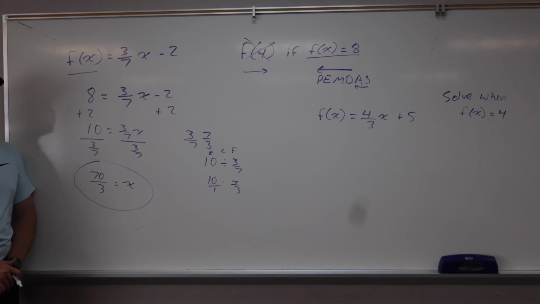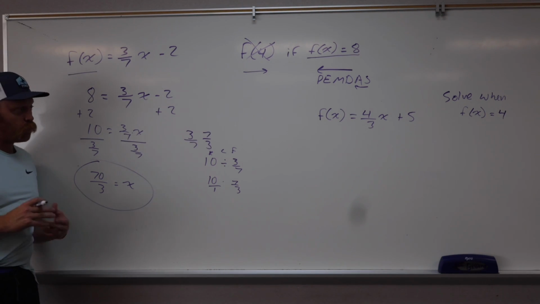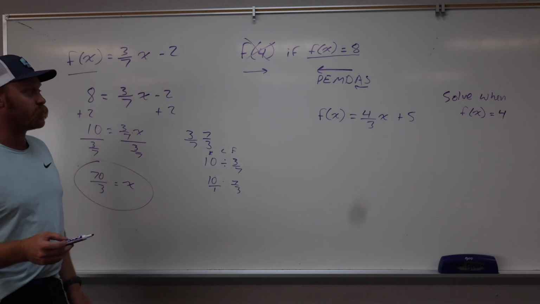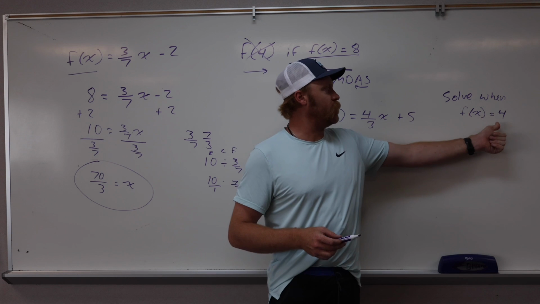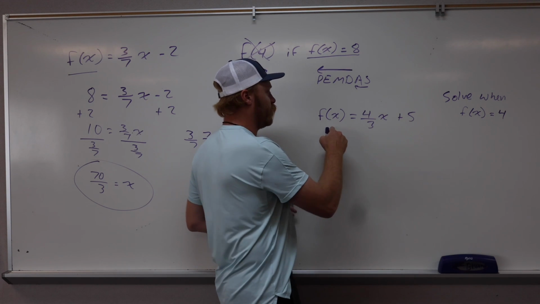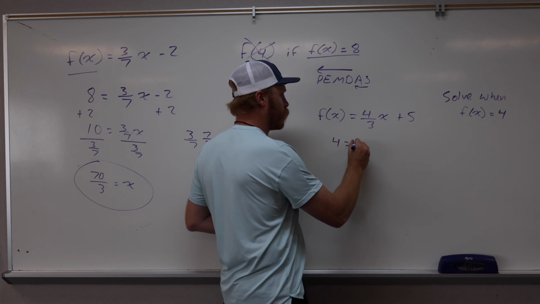All right, if you're hitting play, that means you've given it your best shot. If you make a mistake, that's okay. That's part of the learning process. So again, this says f of x equals 4, so I'm going to replace this f of x with 4 in the problem.